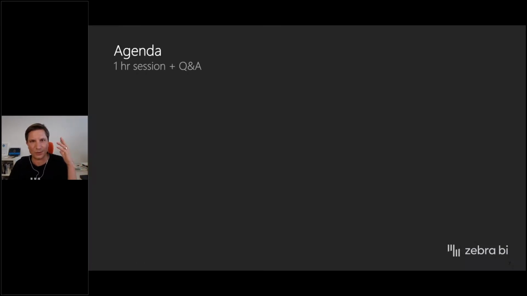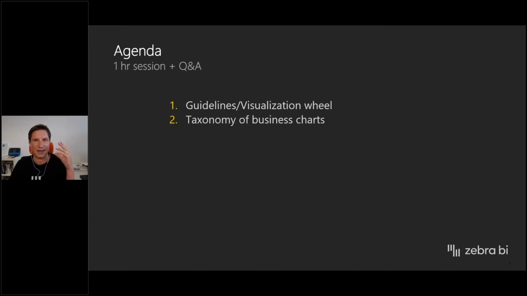So this will be a 1 hour deep session on charts, plus the Q&A at the end. We'll talk about guidelines about visualization in general, and a taxonomy of business charts. We have a whole systematization of charts that we'll present today, a very practical 3-step tutorial on how to choose the right chart for the right situation.